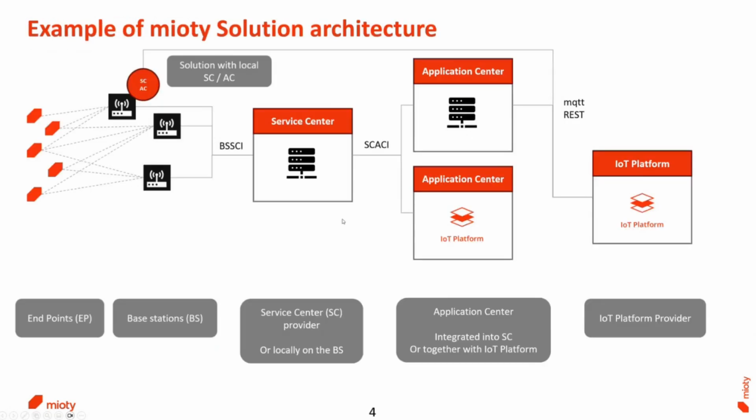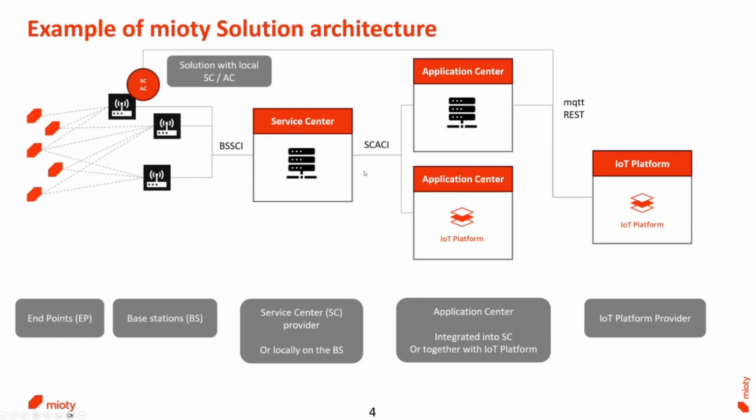So if we separate this a little bit, you have different layers. The endpoints are here on the left side. The base stations come next to the endpoints. And the base stations basically communicate via a standardized protocol. It's called BSSCI. This is the protocol where you can connect the base stations to a service center.